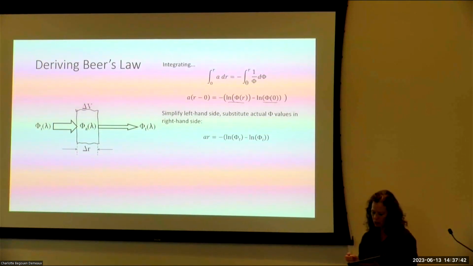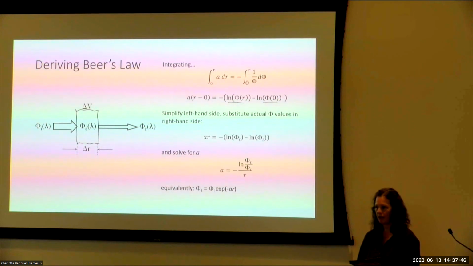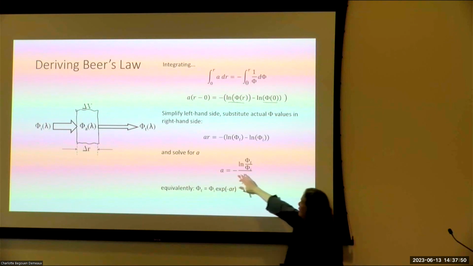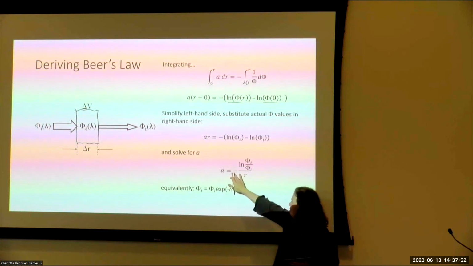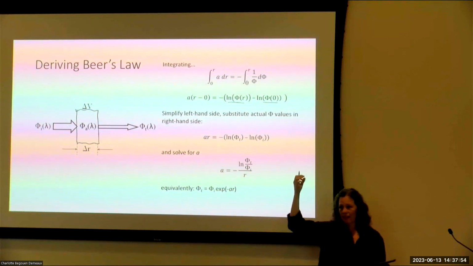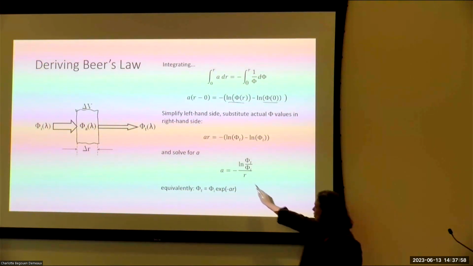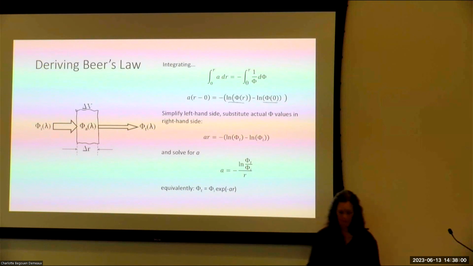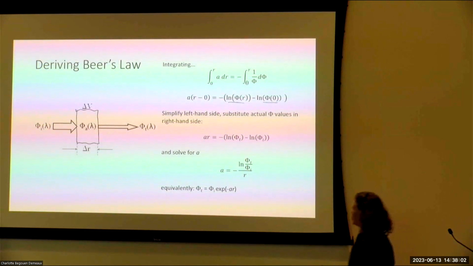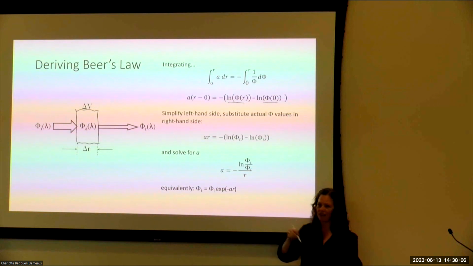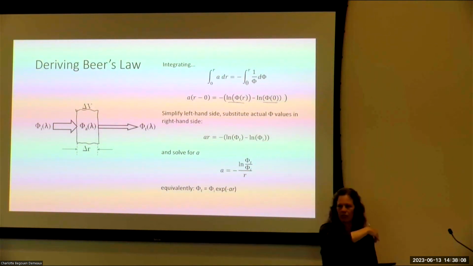Okay, so we substitute those in, and then solve for a. We come out with this: the absorption coefficient, the negative of the log of the light that comes out divided by the light that went in, all over the path length r. And we can rearrange that to give us this, which is equivalent to the thing with L that I showed you on the second slide.